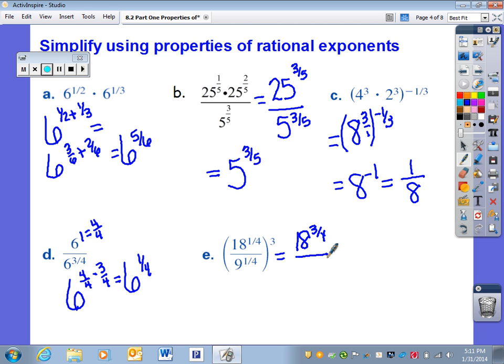And then I have 9 to the 3/4 power when I multiply the exponents, doing numerator and denominator separately. Now because the exponents are the same, we can work with the bases. We are dividing the bases. 18 divided by 9 is 2, and then we have our same exponent, which is to the 3/4 power. And that's working with simplifying rational exponents.